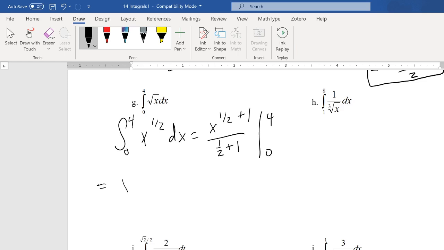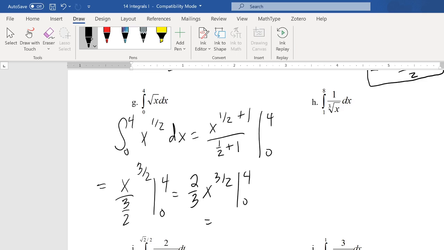So this is 1/2 plus 1 is going to give me 3/2, divided by 3/2. Instead of dividing by 3/2, I can multiply by 2/3. Actually, let's do this. 2/3 is going to get multiplied by everything, so let's just leave it outside.